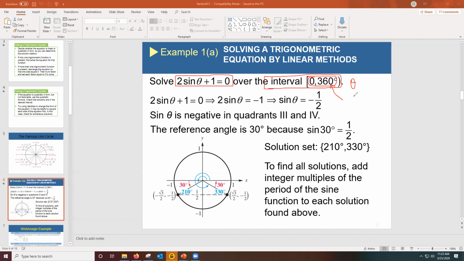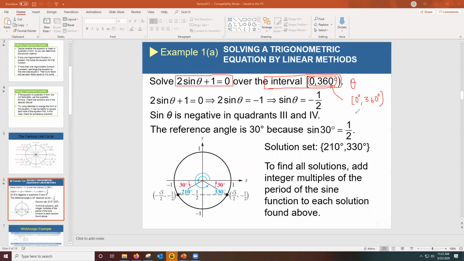You might notice this interval has a bracket on the 0, but then a parenthesis on the 360. Well, if you remember interval notation, what that means is 0 itself is okay, but 360 itself is not okay.